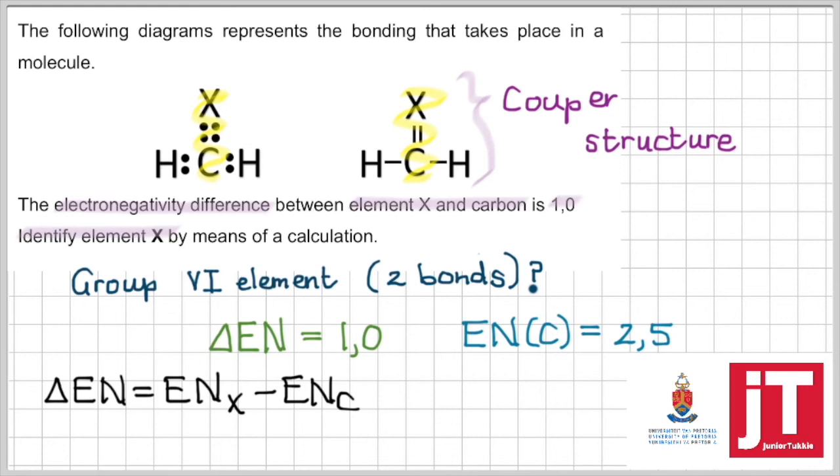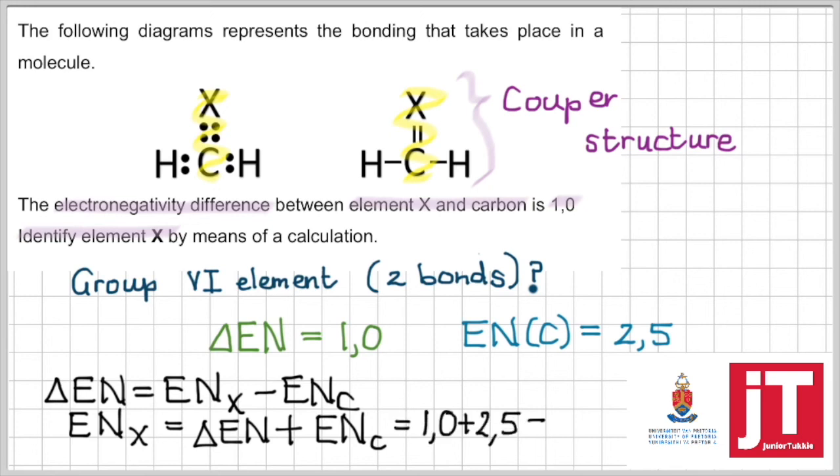And that is why I said the electronegativity of element X and subtracted from it the electronegativity of carbon. Manipulating this equation, we see that the electronegativity of element X is equal to the sum of the electronegativity difference and the electronegativity of carbon. So we say 1 plus 2,5 and obtain an answer of 3,5.